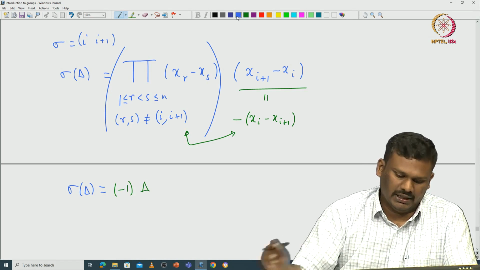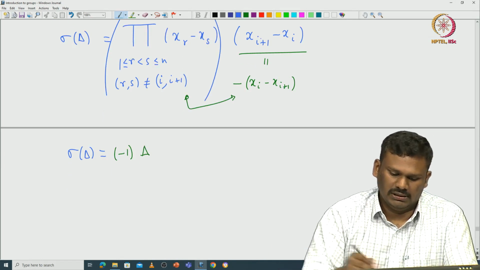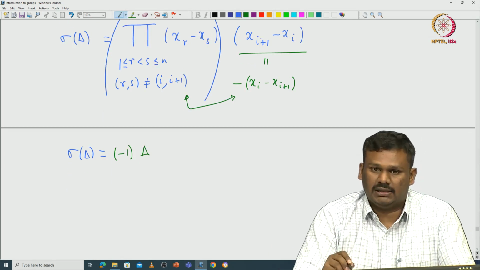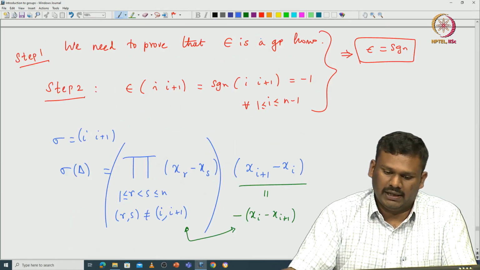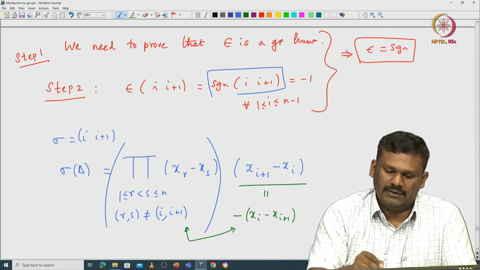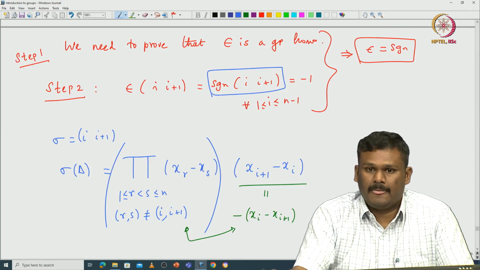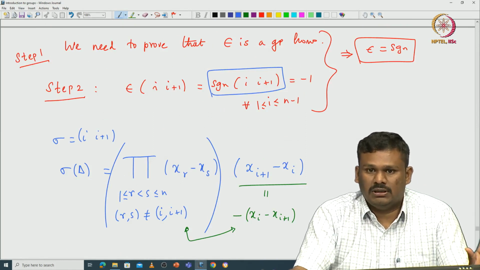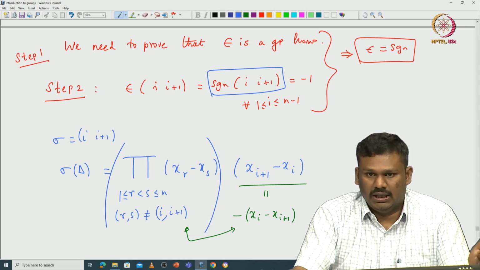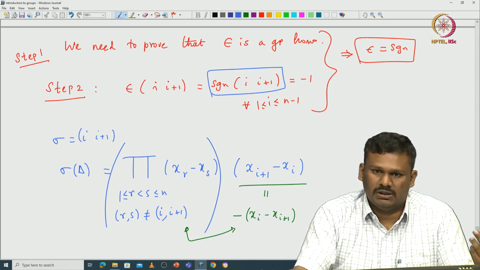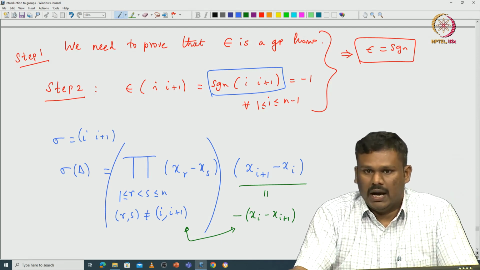That means sigma of delta is exactly equal to minus delta. But we already know that the sign of i plus 1 is just minus 1, because the transposition just switches the ith row and the (i+1)th row, or the ith column and the (i+1)th column, in the identity matrix.